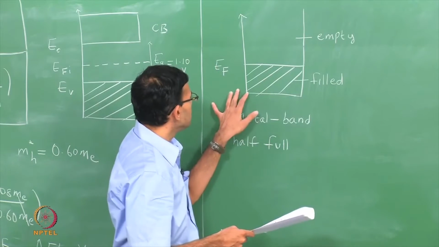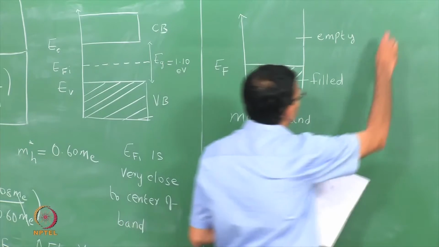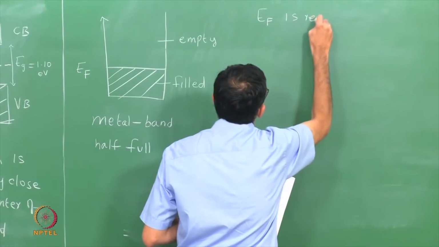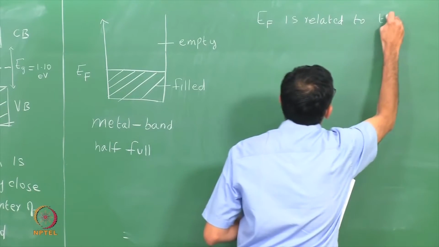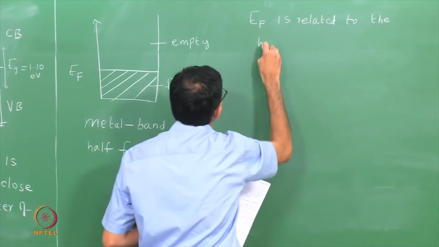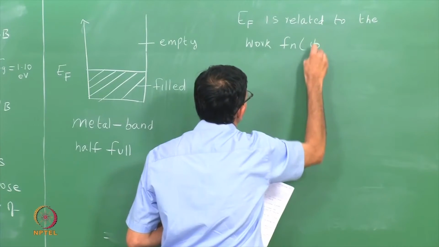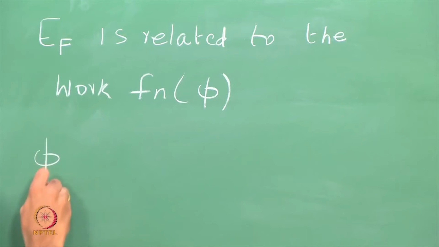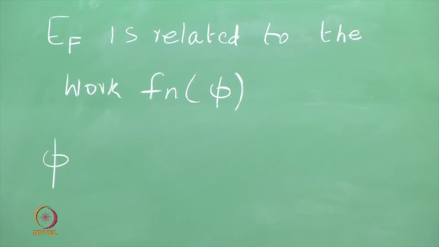Now, there is another way of defining Fermi energy. EF is related to the work function, we will call the work function psi. Now, psi represents the energy that is required in order to remove an electron from a solid.